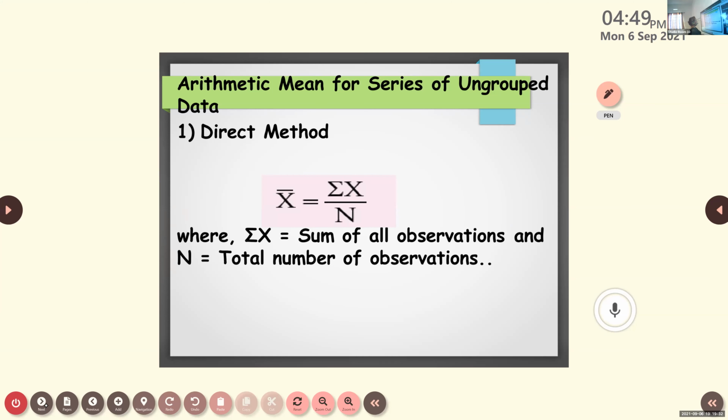Mean is equal to sum of x divided by n. Sum of x in the sense sigma x, you might have learned. It is the sum of all the observations, whatever is given, divided by total number of observations. This is the direct method. So arithmetic mean for series of ungrouped data.